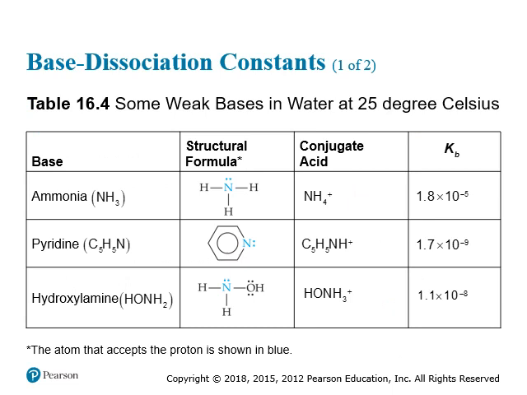Here we see some weak base dissociation constants. Ammonia has a dissociation constant of 1.8 times 10 to the minus 5. Hydroxylamine has a Kb value of 1.1 times 10 to the minus 8.